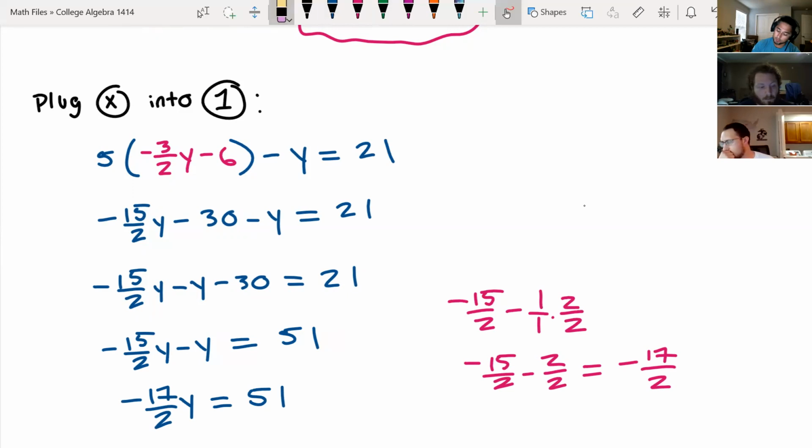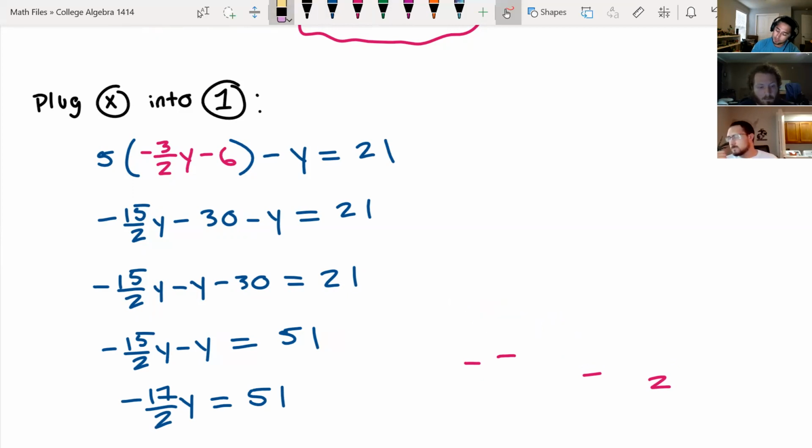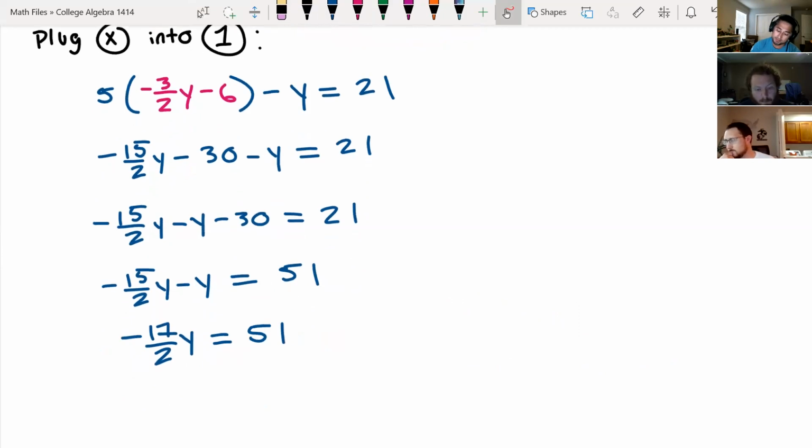Okay, almost there. Now you can divide both sides by 17/2 or multiply by the reciprocal, which is going to be a lot easier. Multiply by negative 2 over 17, and once we do that, cancel, cancel, cancel.